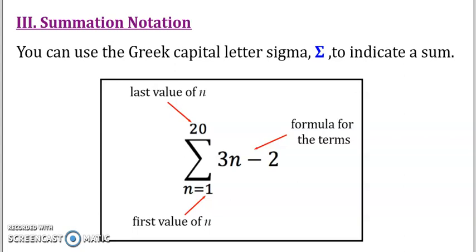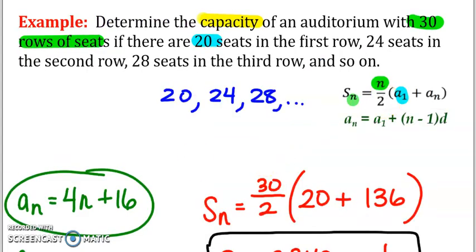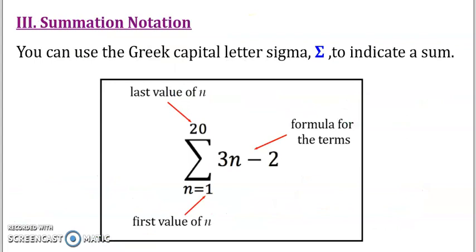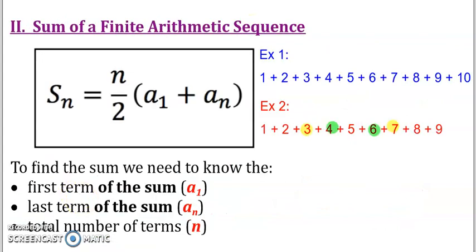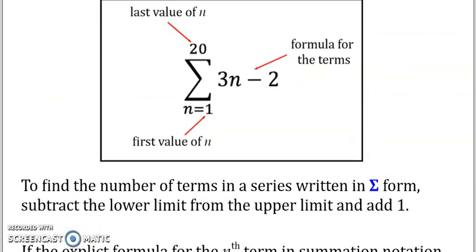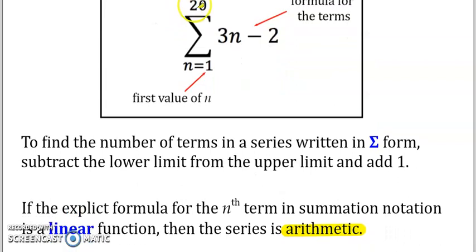Now, when we talk about our formula, oops, that's not the page I wanted. Right here, the big question with sigma notation is going to be, how do I find out how many terms I'm talking about? Well, to figure that out with sigma notation, you're going to take the top number minus the bottom number and then add 1.